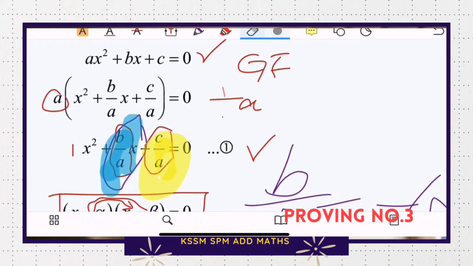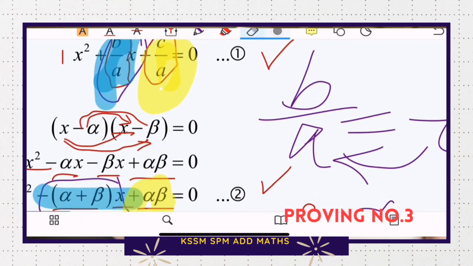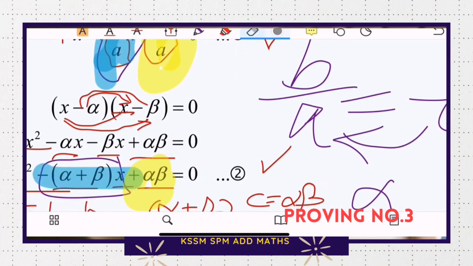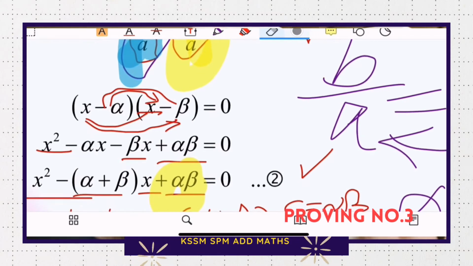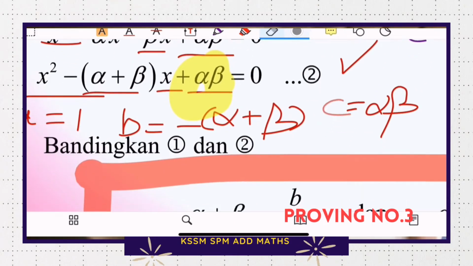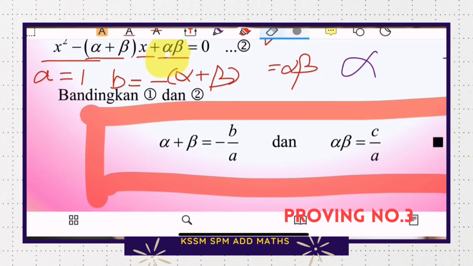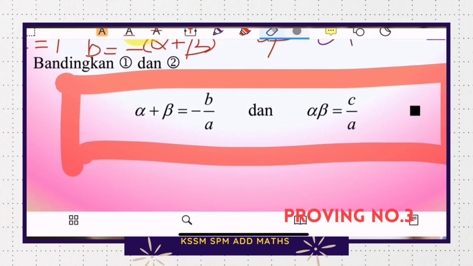First of all, we take the general form, we divide by a, we make it into 1, coefficient is 1 x squared, and then we will factorize the alpha and beta. We will expand and make it general form, and we will do comparison of the coefficient of the x and the constant. Then we get the sum of the root is negative b over a, and product of the root is c over a, right?